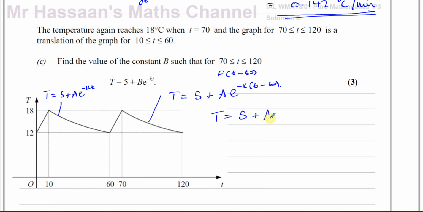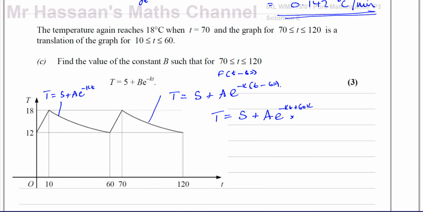This is 5 plus A times e to the power of minus K times T, divided by e to the power of 60 K. In fact, let me do it like this. Let me expand it. This would be A times minus KT, plus 60K.